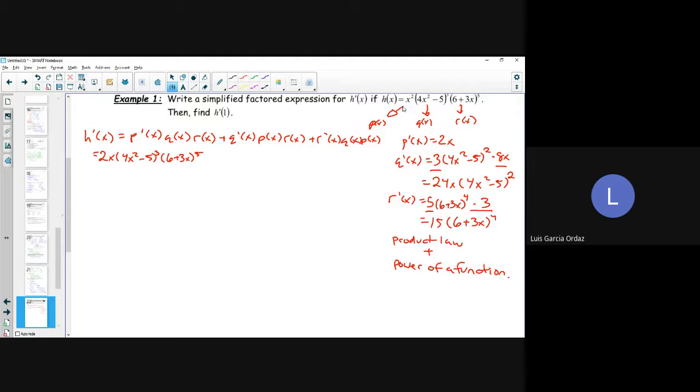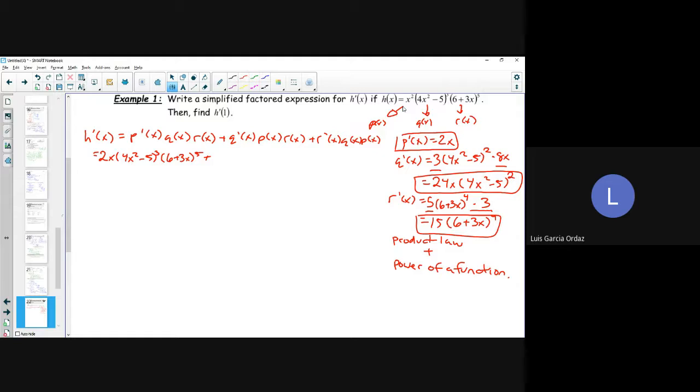All right. So now with that said, I can live my life easy and I can just plug in everything as we speak. So now this makes this question much more bearable now that we know what to do. So the next one is now I have to add the derivative of q of x multiplied by all the other functions.